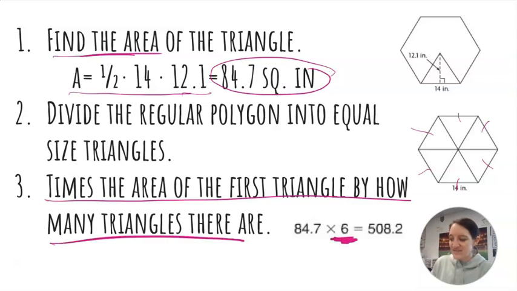So there's 6 of those triangles, so you take the area of just one triangle, times it by 6, and you get that. And then because it's area, you're going to make sure that it is labeled with inches squared or squared inches. That's what you're doing every time you see a regular polygon.